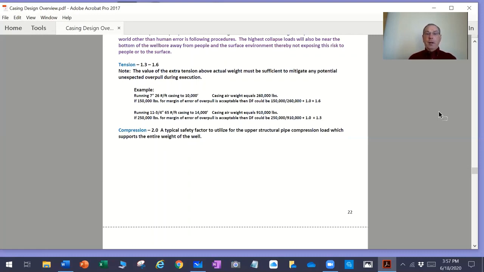So a couple of examples. Let's say we run 7-inch, 26-pound casing to 10,000 feet. The air weight of that casing would be 260,000 pounds.